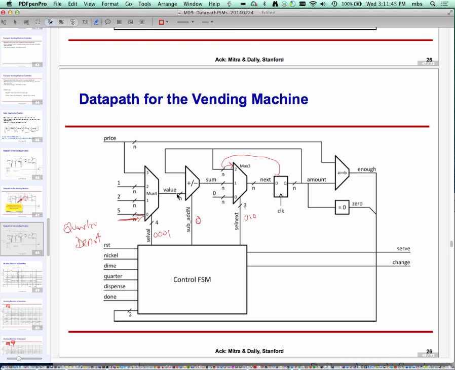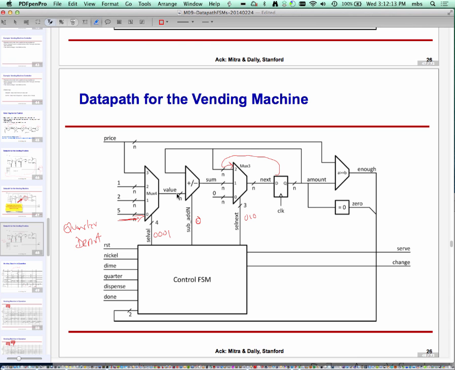Why do you connect the price to the first mux? Why do I connect the price to the first mux? So let me see. Yeah, to subtract the money away.